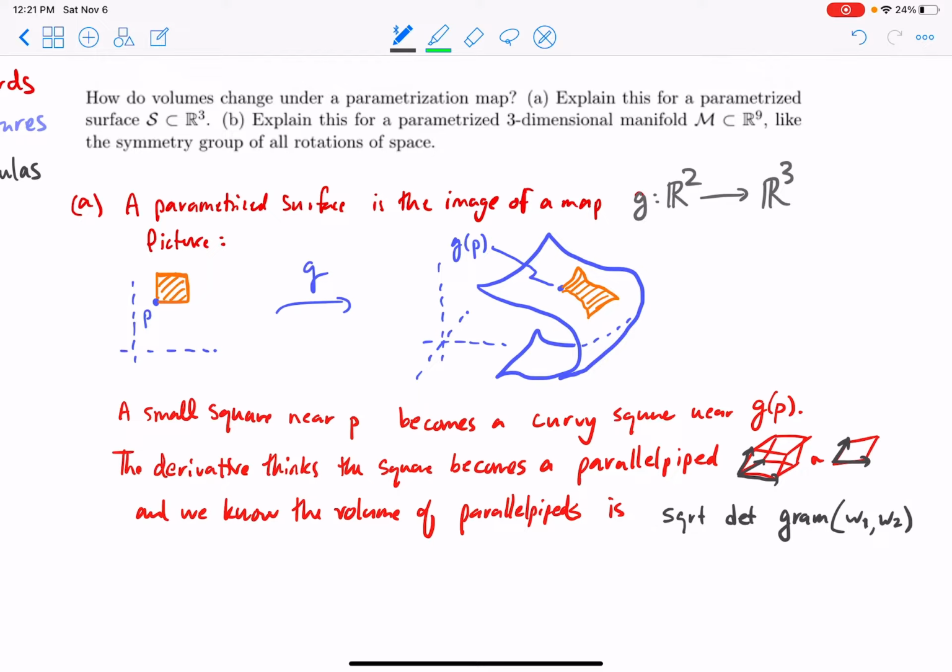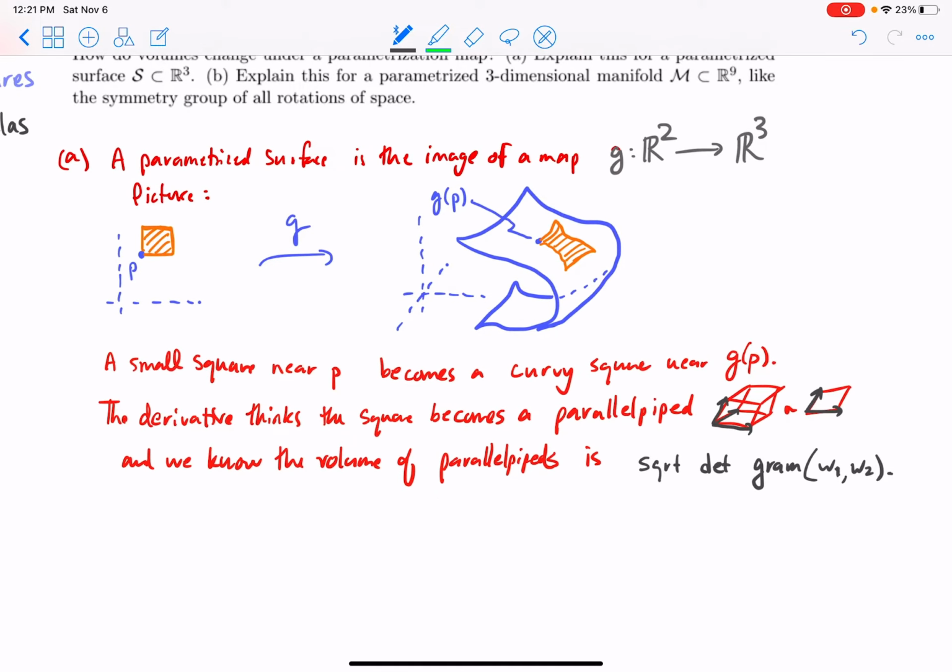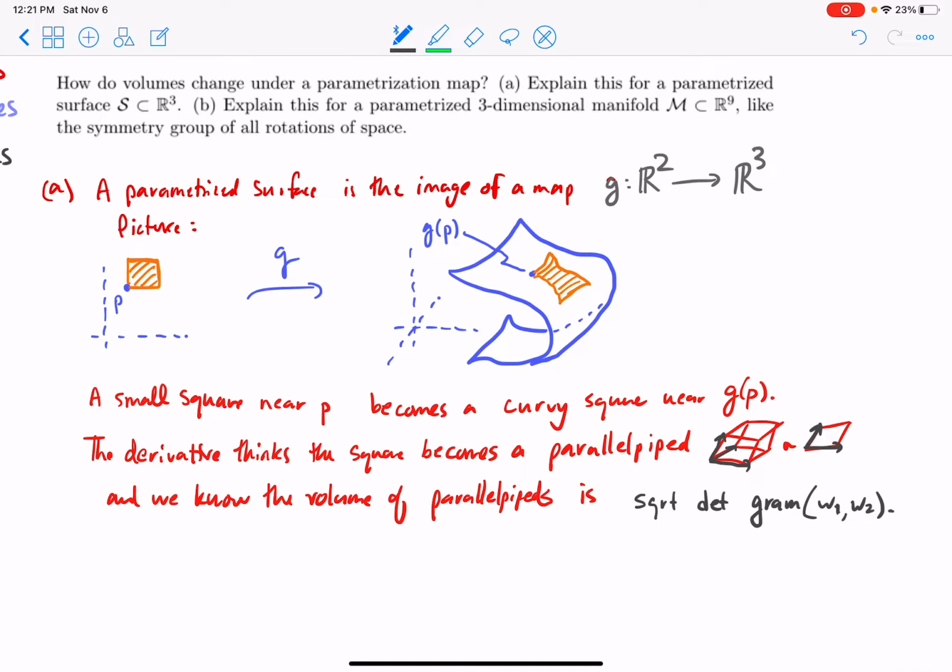Let's take 2 because we're going to have actually a parallelogram, which is 2 vectors. It'll be like this and this. There's the parallelogram. So we need the 2 vectors that will span it. In fact, here is the vector, the first plus the second is the diagonal. Okay, so we're almost there.